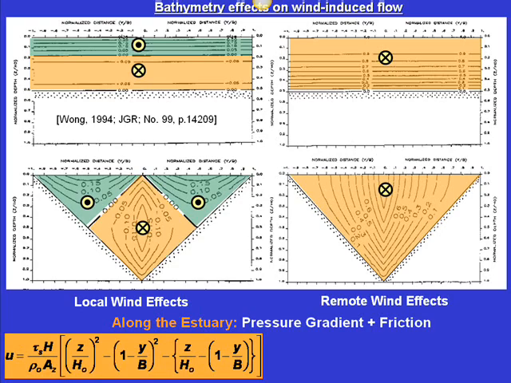When the wind blows from the northeast, what do you think would happen? What happens in the coastal ocean? Will the sea level increase or decrease? Decrease? No, increase, right? The wind drives water toward the coast, and it causes a setup.